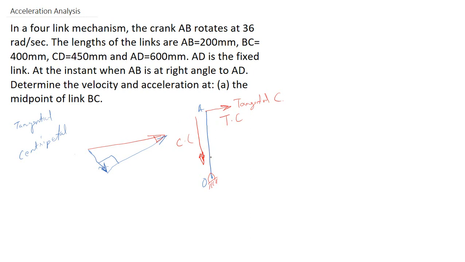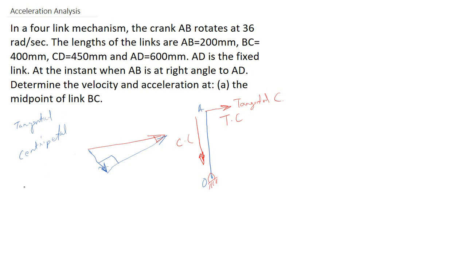While dealing with the velocity analysis, we had to draw only the velocity vectors. Here in the acceleration analysis, we have to draw the component vectors, and from those component vectors, we have to draw the acceleration vector. Next, the values of the tangential component and centripetal component.